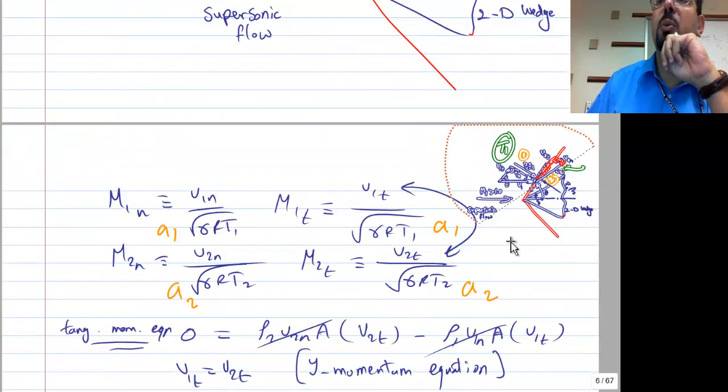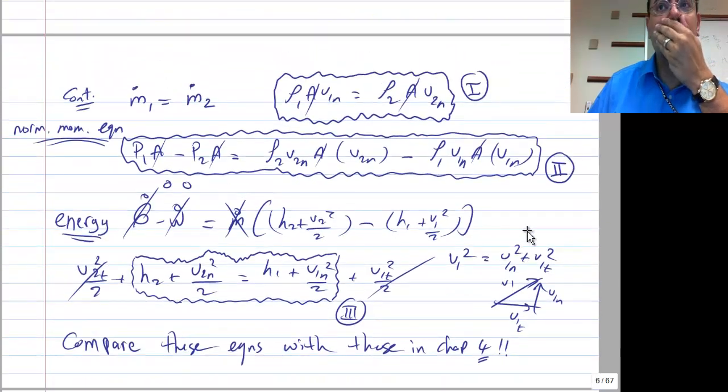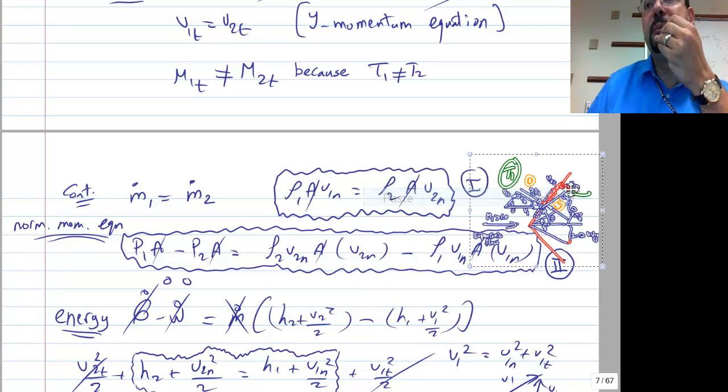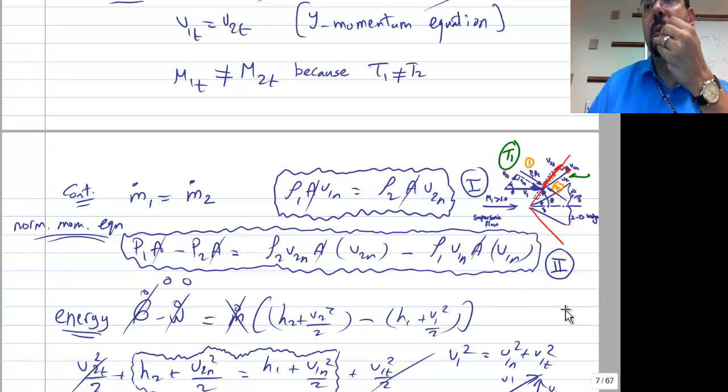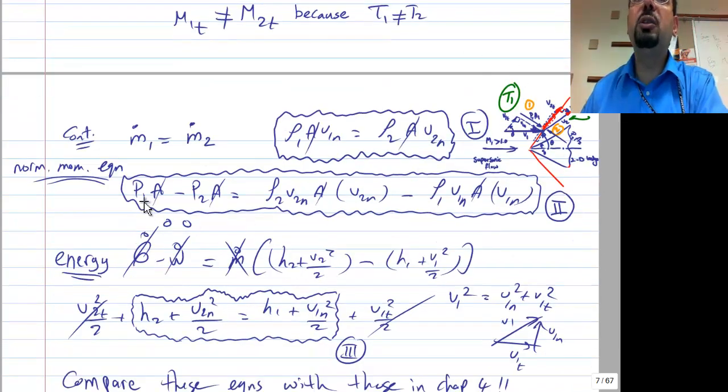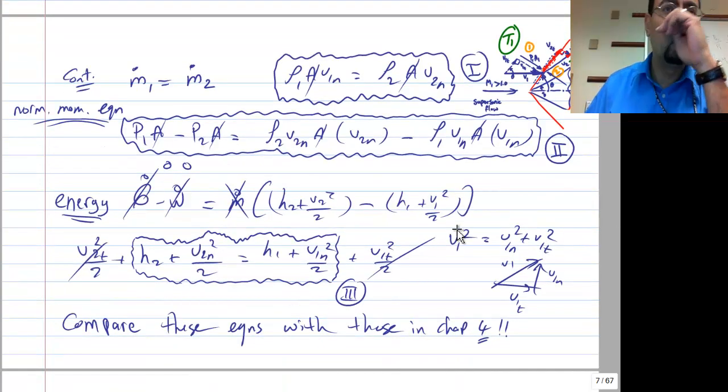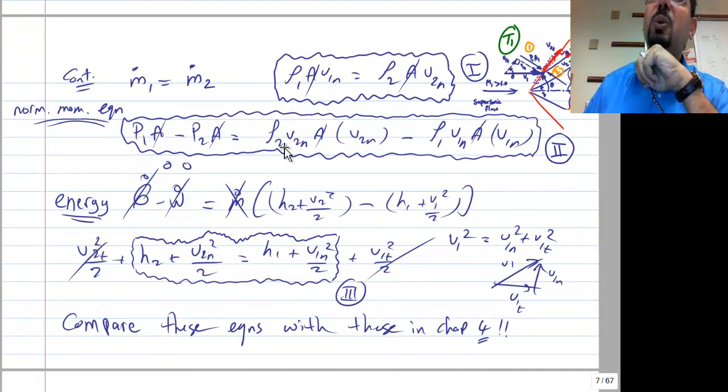But we'll have to have this box again. In the normal direction, we have two forces now. We have plus P1 area 1 minus P2 area 2 equal to m dot V2 normal minus m dot V1 normal. Okay, cancel all the areas with each other. You got P1 minus P2 equal to rho 2 V2 normal squared minus rho 1 V1 normal squared.